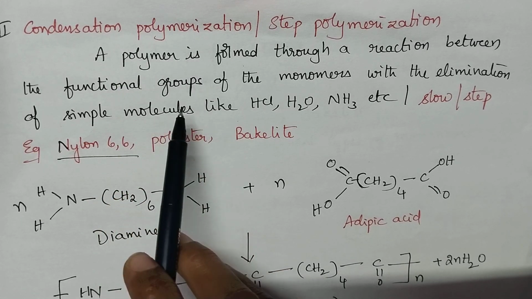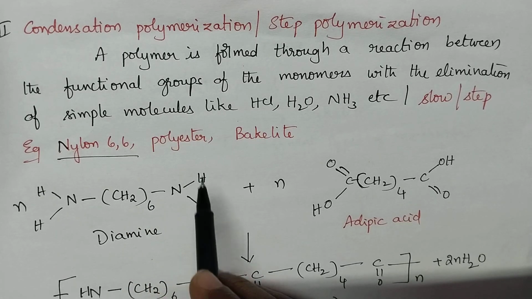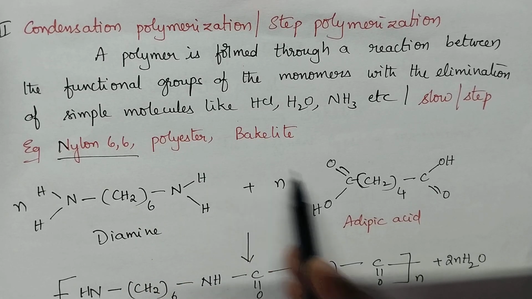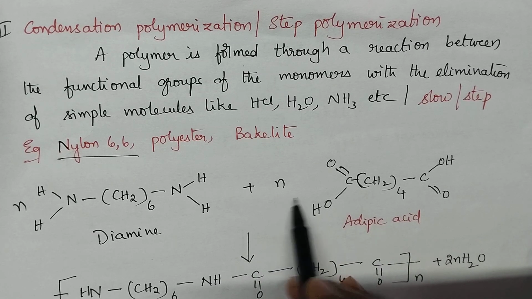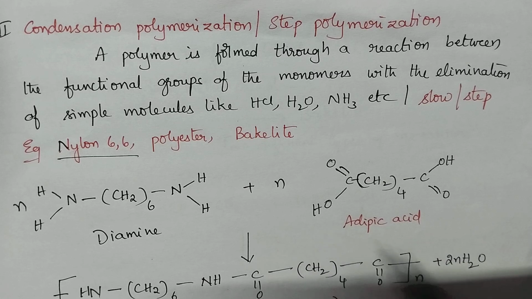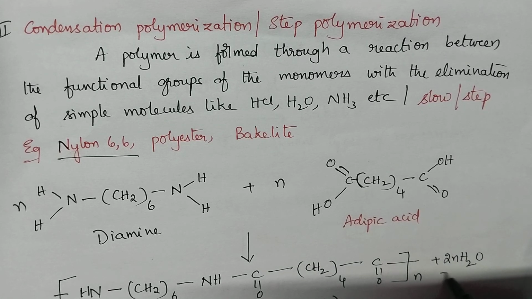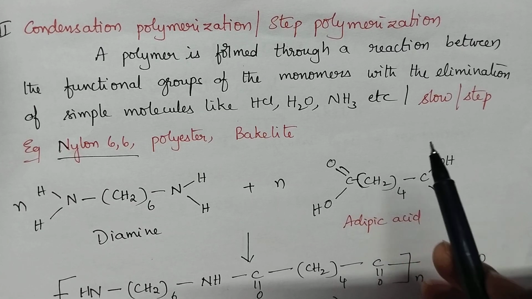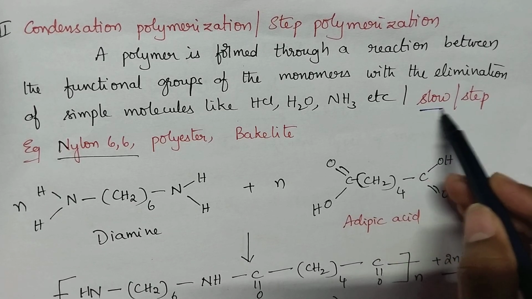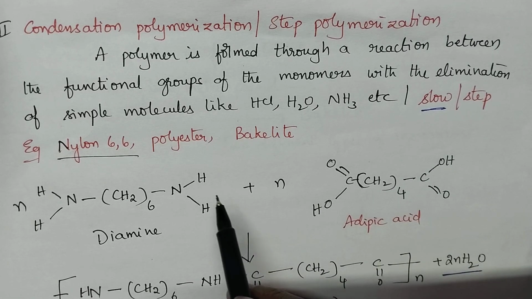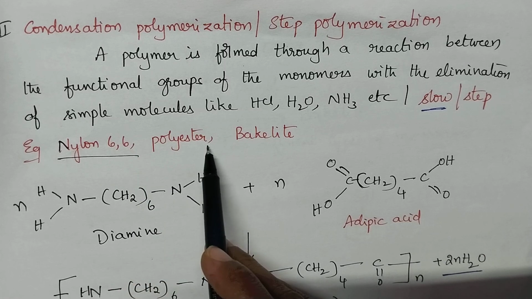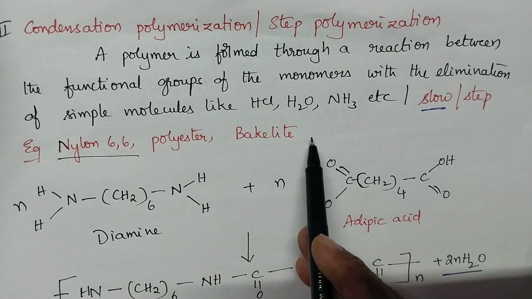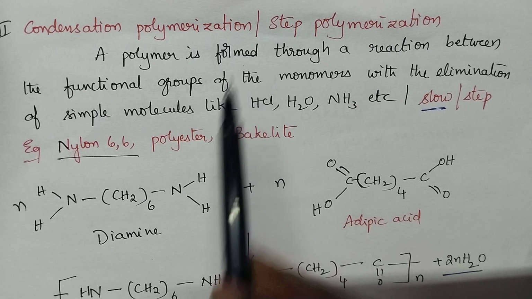In this condensation polymerization, always a chemical reaction takes place between the functional groups of the monomers, and hence the formation of polymer involves the elimination of simple molecules. So that's why this step polymerization is a slow process. Let us see a few examples. Generally, the formation of nylon 6,6, polyester, and bakelite follows condensation polymerization.